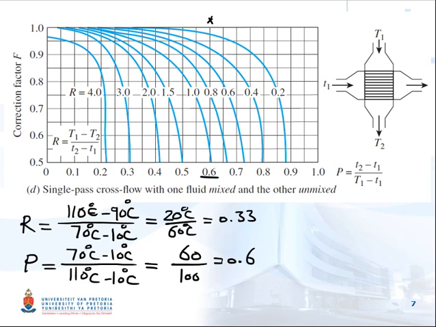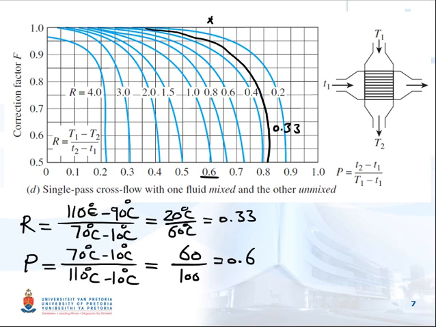But how about 0.33? We don't have it, but we can have a kind of estimation here. If this is some kind of estimation, it's closer to 0.4 than 0.2. So here R is 0.33.